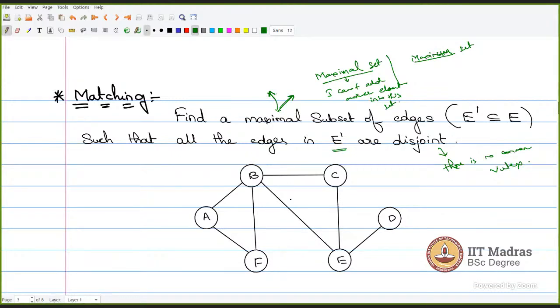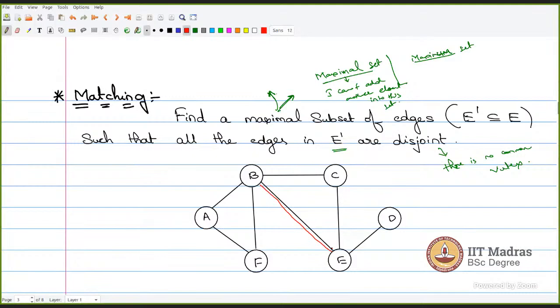In this particular graph, I should come up with a subset of edges such that all the edges I choose should be disjoint. So if I have chosen this BE edge once, what edge can I choose which is disjoint to BE?